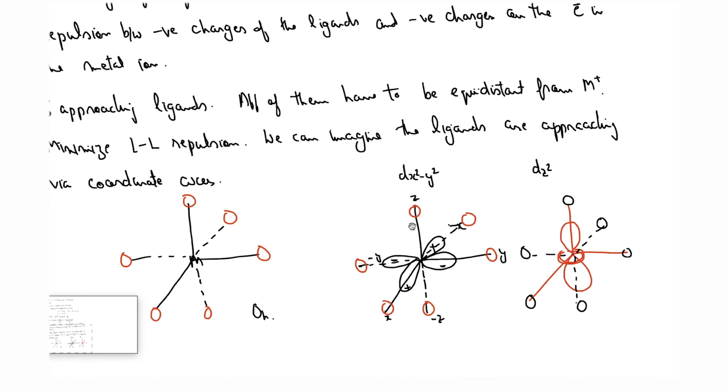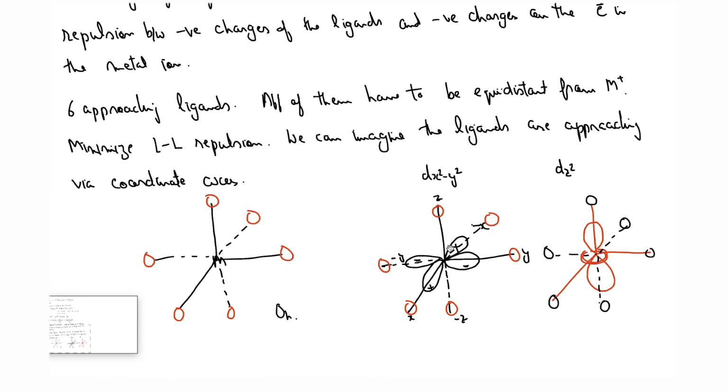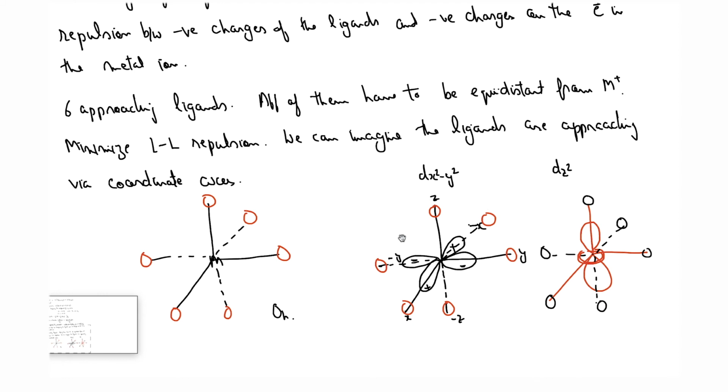Okay, so this would mean that there is more repulsion between the eg set of orbitals and the ligands, so that means there is relatively more increase in energy of eg, right? So now if I try to draw the same thing for, let's say, the dxy orbital, you should be able to appreciate that it is not oriented along the axis.